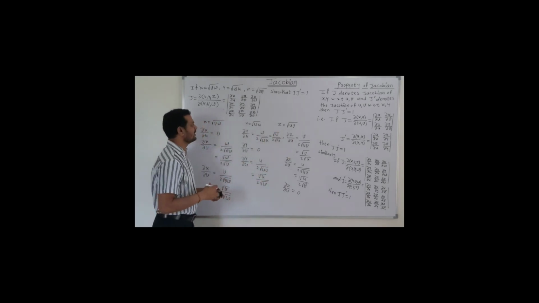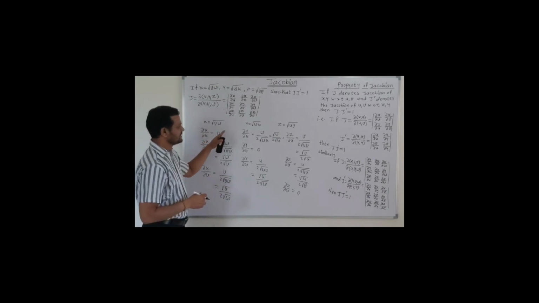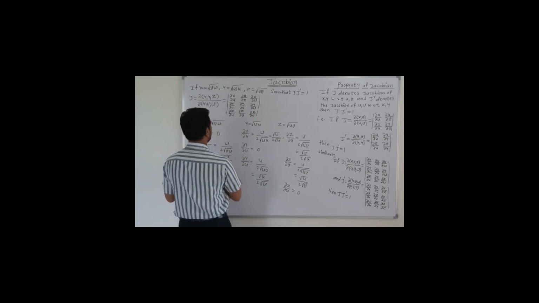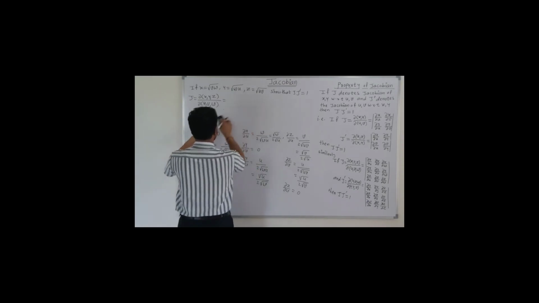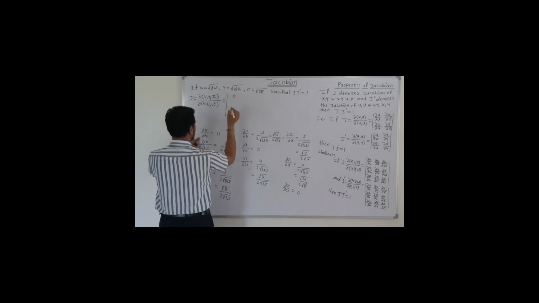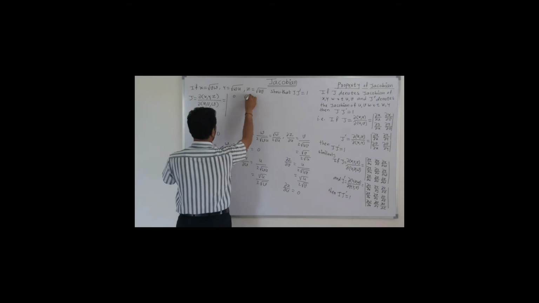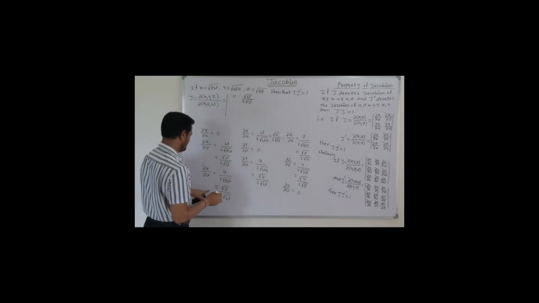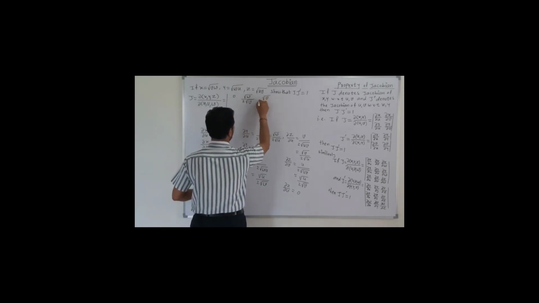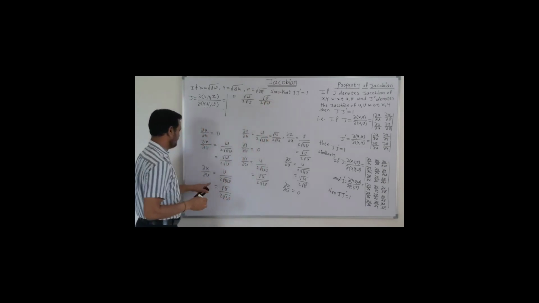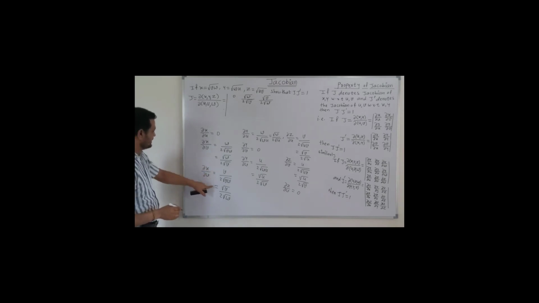Now friends, after getting all these partial derivatives of x, y, z with respect to u, v, w, put all these values in this equation. Simplify this, then we get this derivative. Derivative of u with respect to x is 0, then this term is root of w upon 2 root of v, and then this term is root of v divided by 2 root of w. So this is the first row.